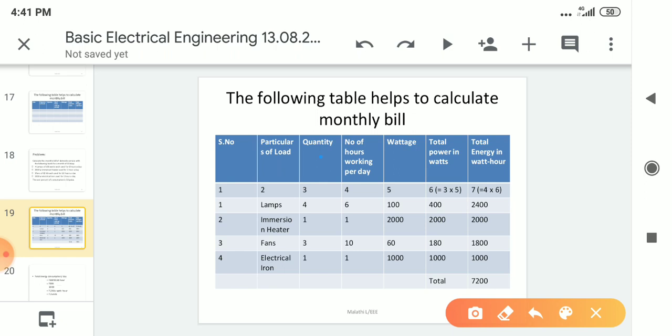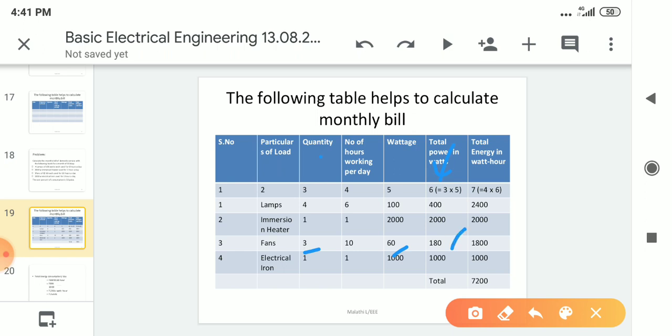Here is the total power in wattage, the 6th column. To get this value, quantity into wattage. If we are having 4 lamps, 4 into 100 gives 400 watts. Here we are having 3 fans of 60 watts, 3 into 60 is 180.